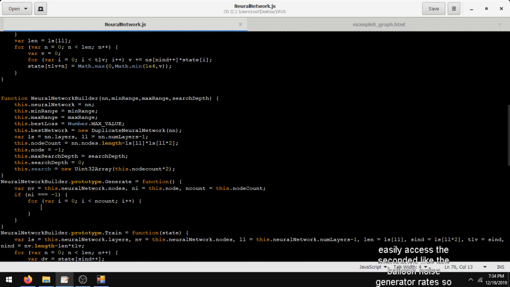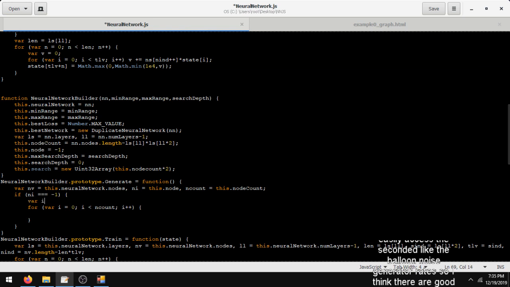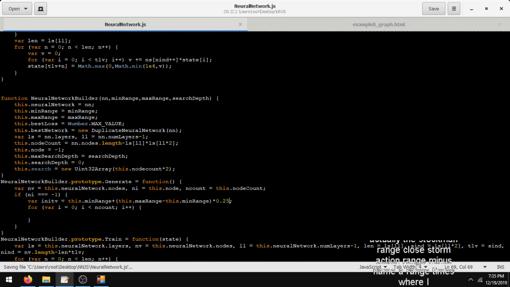Alright, so I gotta actually init value is gonna be, how am I gonna calculate this? I believe it's actually this dot min range plus this dot max range minus min range times that.